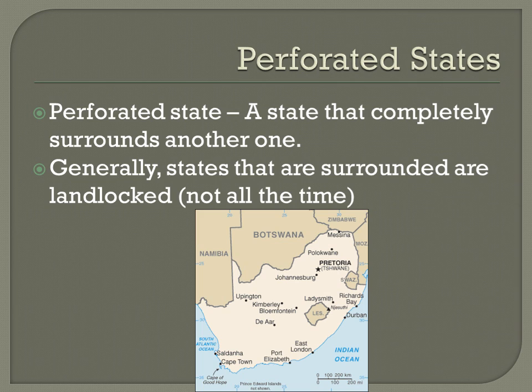What shape would you say Lesotho is? Because it's not perforated, it's actually compact. So if you have that struggle, go through and narrow it down. Pinpoint which is which and the different types of shapes. Eliminate wrong options and narrow it down that way. So in this case, you have South Africa as a perforated state because it completely surrounds another one.